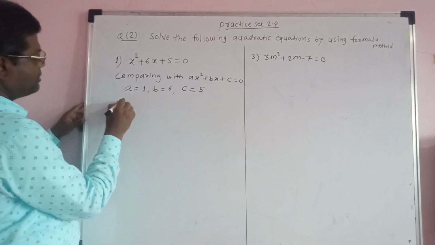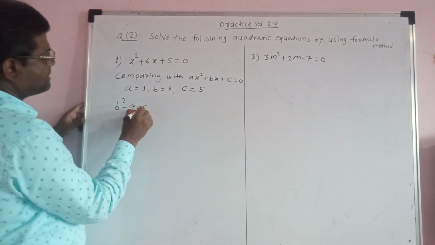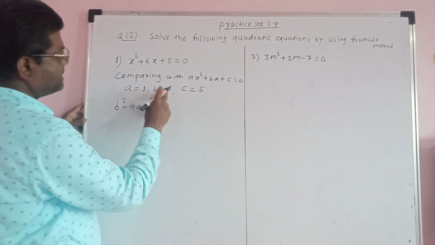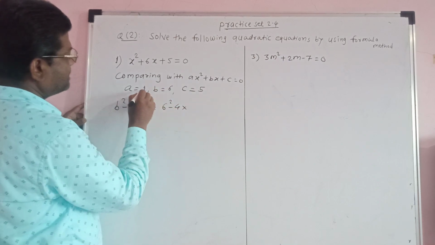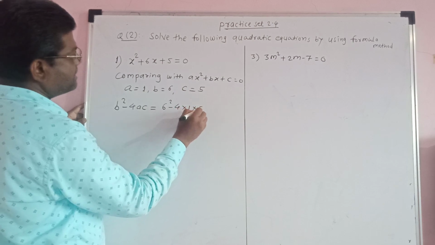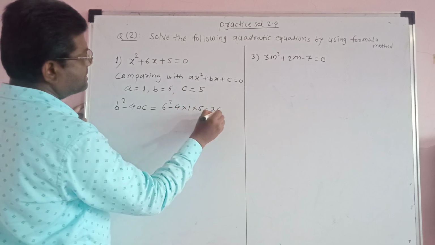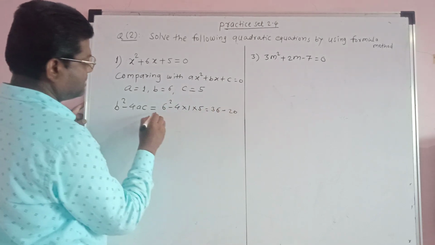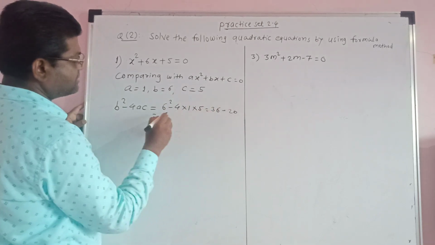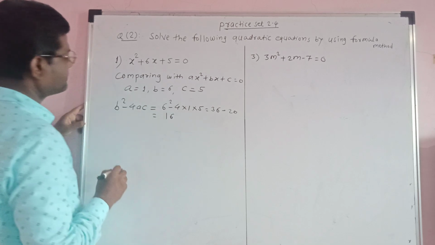Now find the value of b square minus 4ac is equal to 6 square minus 4 into 1 into 5 is equal to 36 minus 4 into 5 is 20, is equal to 36 minus 20 is 16.